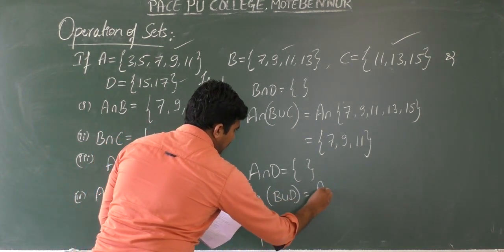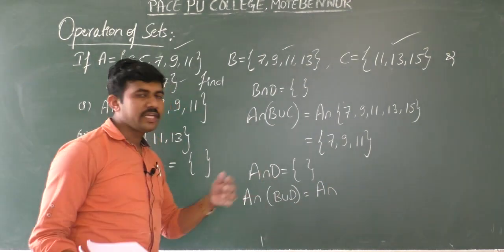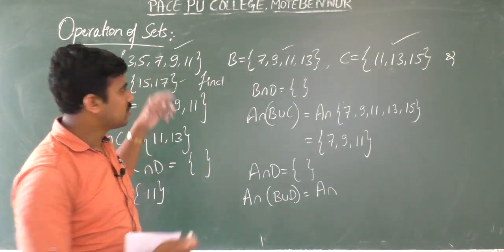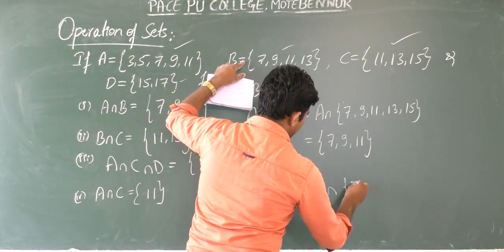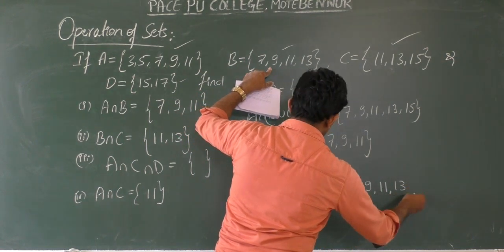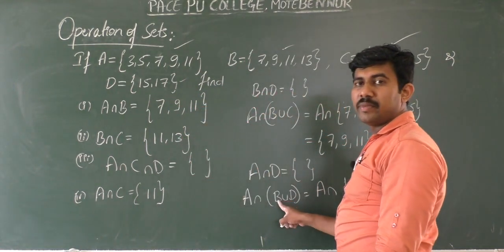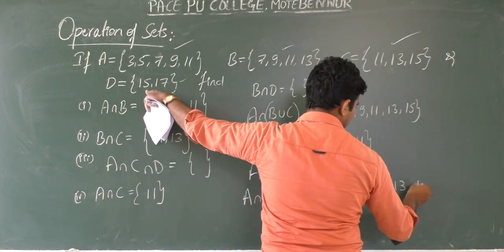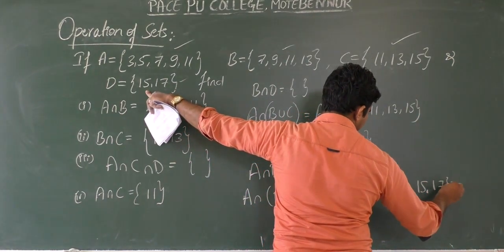Now, next question, A intersection of B union D. First write what is B union D. Collect all the elements of B and D: the set of 7, 9, 11, 13, these are the elements of B. Next, write the elements of D, that is 15, 17.